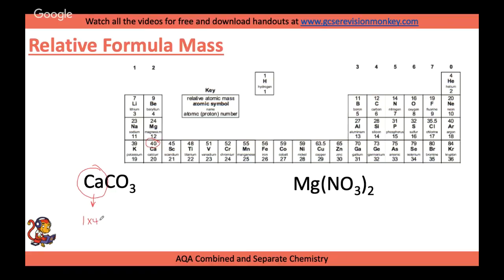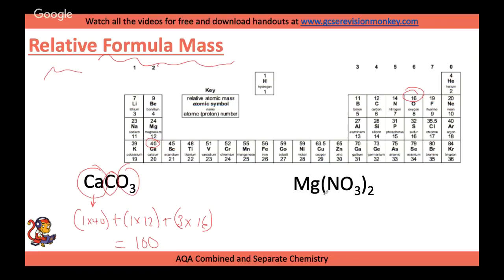So 1 times 40. Add that, there's 1 carbon, so add that to 1 times 12, and add that to 3 times, and let's look at oxygen, 16. So you basically want the mass of the whole formula, hence why it's called formula mass. So if we do that, we would get the answer of 100, and it has no units because it's relative mass.